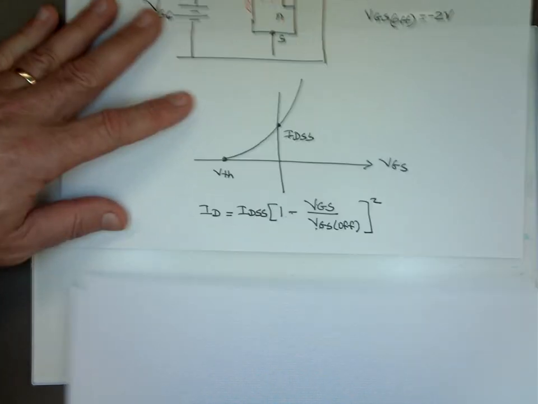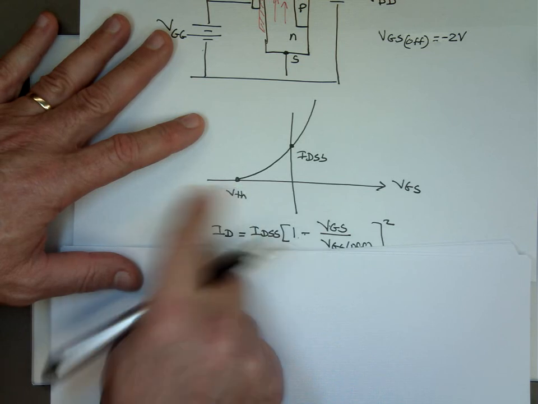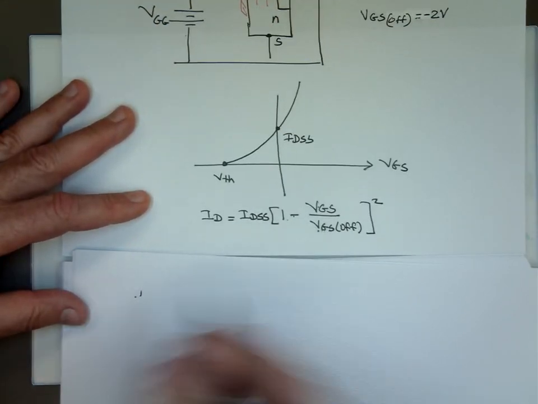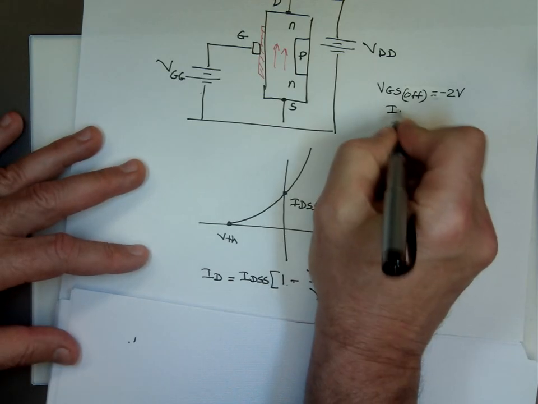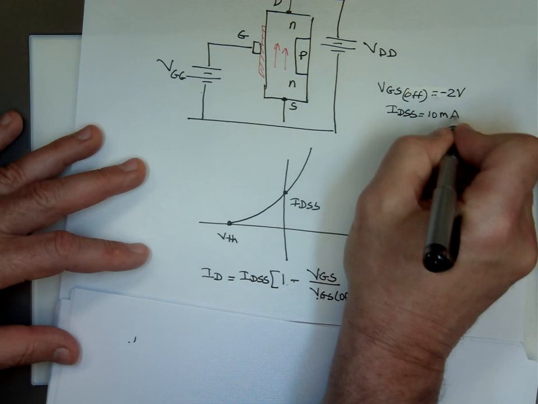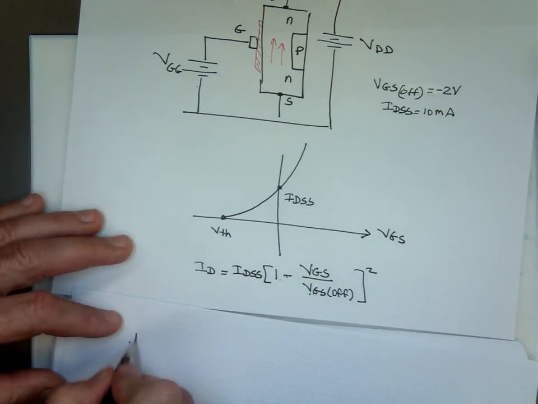That's the value that will make no current go through it. Now, what will happen to this circuit if I give you a number for I sub DSS, let's say 10 milliamp? Let's look at that equation. Let me just write that equation so I don't have to slide the paper up and down.